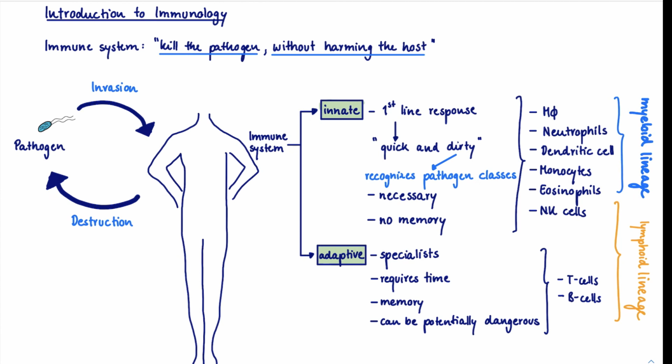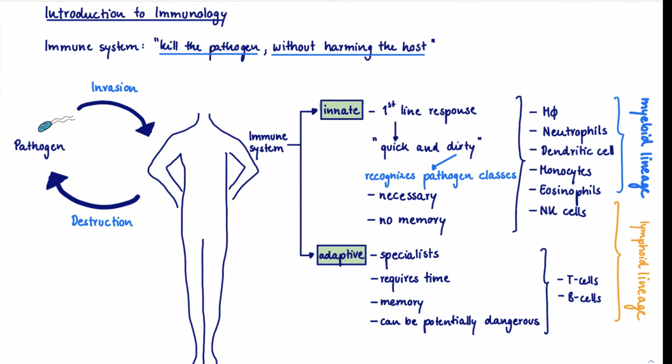It just recognizes general pathogen classes, but it's ready immediately. It's absolutely necessary, and we're going to get back to this in a couple of minutes. It does not have any memory. So if the same invader comes back 2 years later, the innate cells will do exactly the same thing. They will not be any faster or any more efficient.